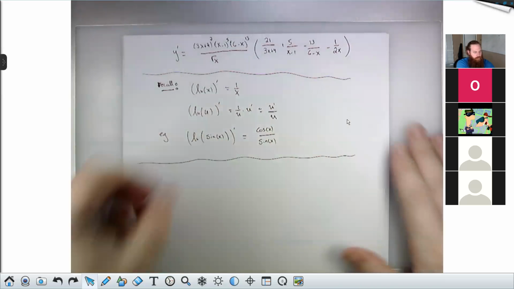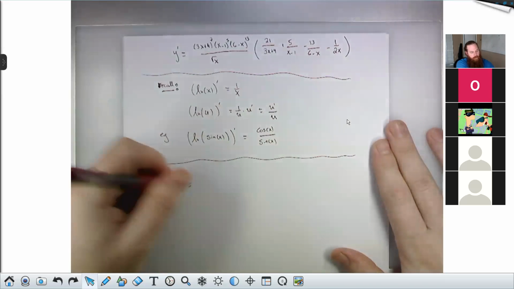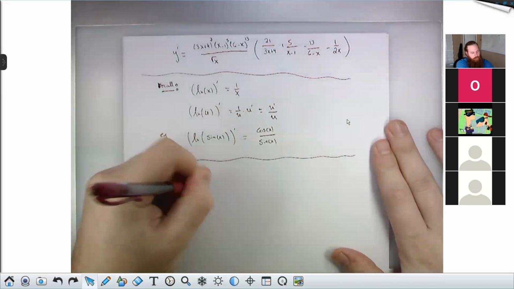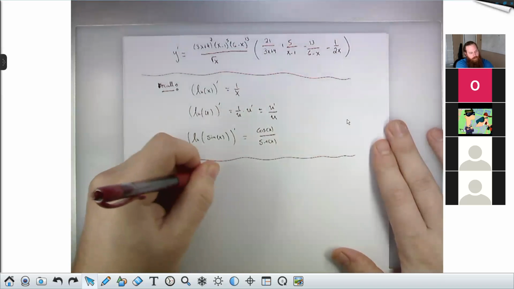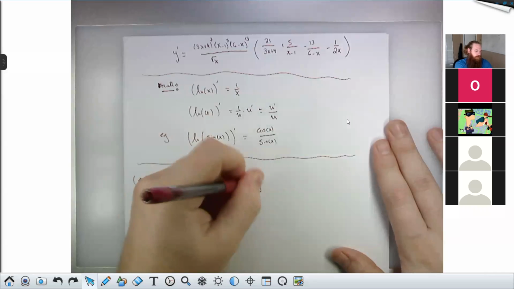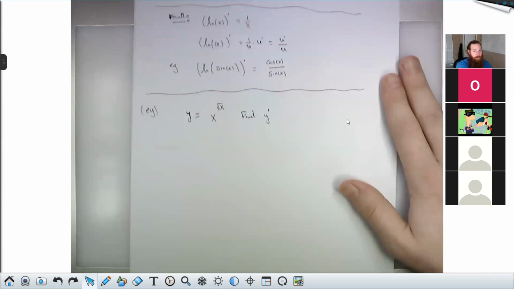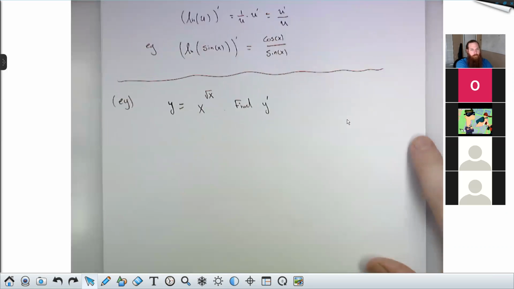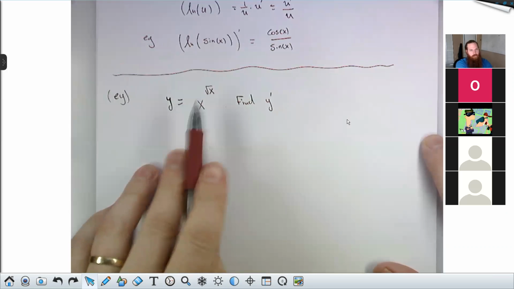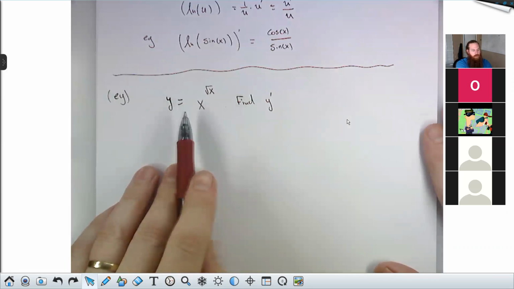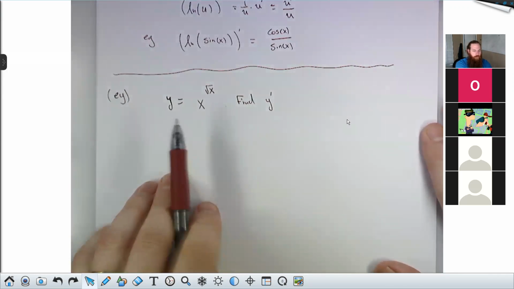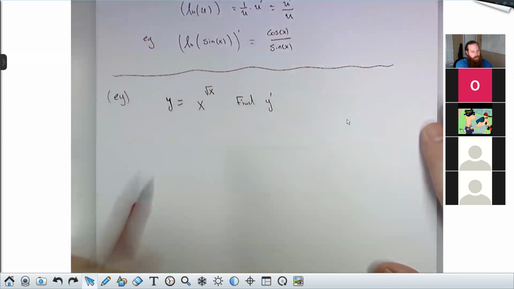And for certain things, like if I asked you to differentiate the function x raised to the square root of x, logarithmic differentiation is the only possible way because the base isn't constant, so this isn't a normal exponential function. The power isn't constant, so this isn't a normal power function. So the rules for exponentials and power functions don't apply here.